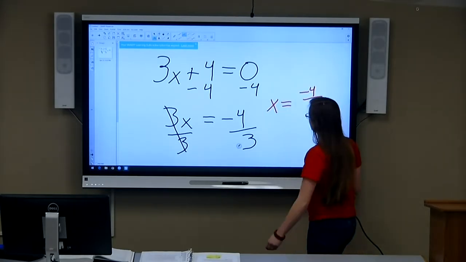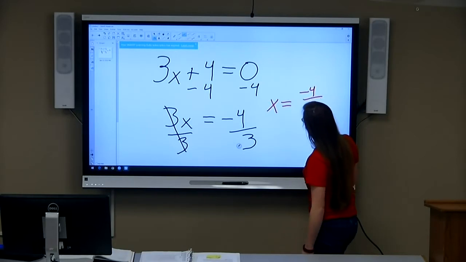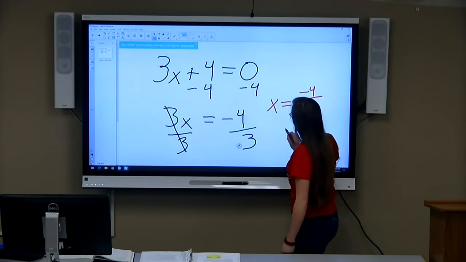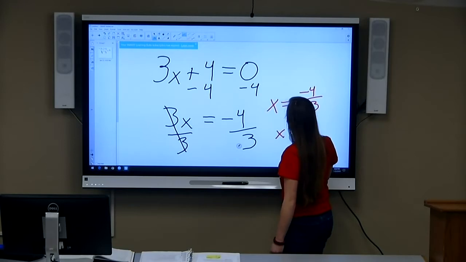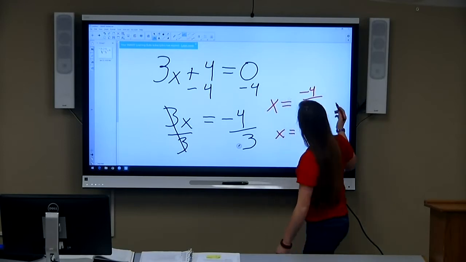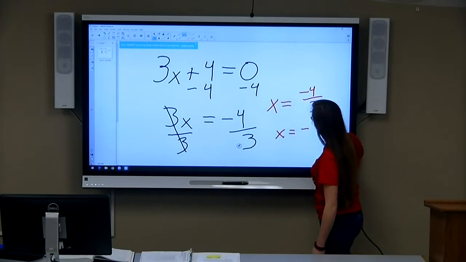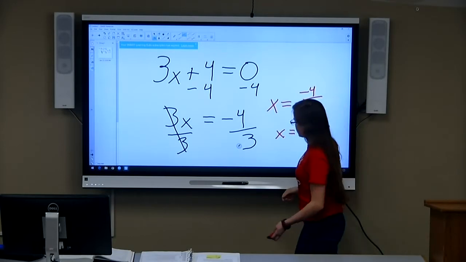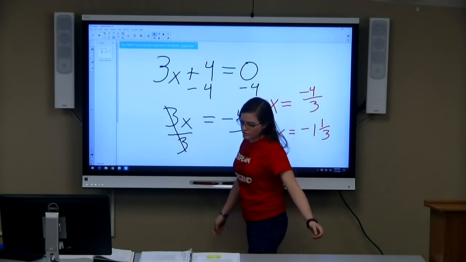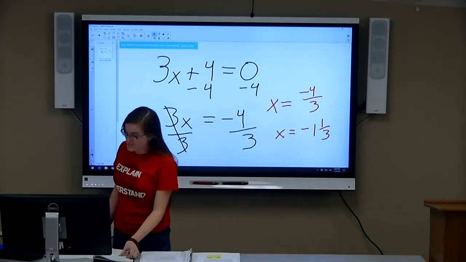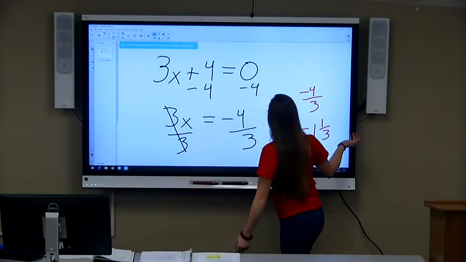Holton doesn't count it against you. Or if you wanted to simplify, it'd be x equals -1 1/3. And that is all for number 16.